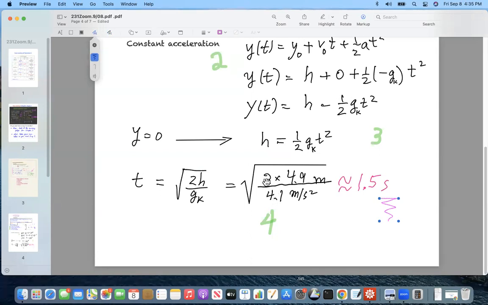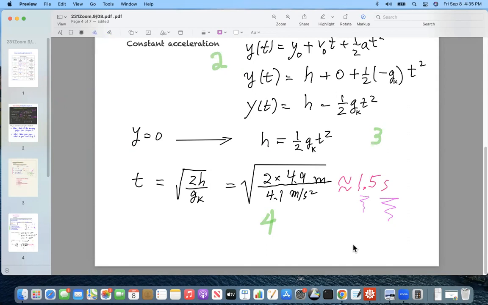It's about 2 times 5 would be 10 divided by 4. 10 divided by 4 would be 2.5. It's the square root of 2.5, which is about 1.5. So the answer is going to be about 1.5 seconds.